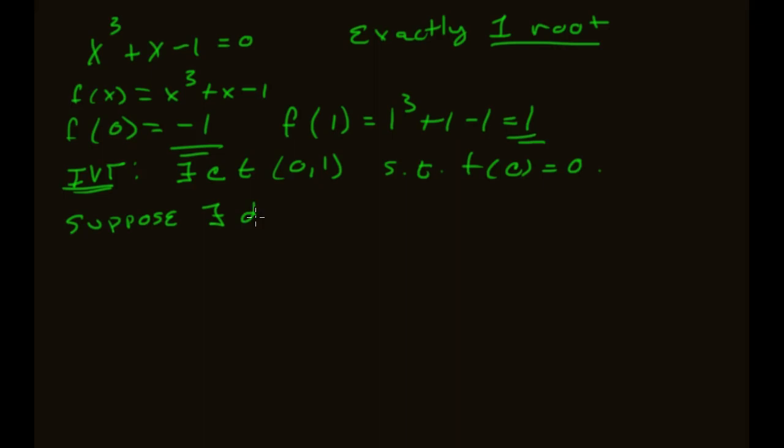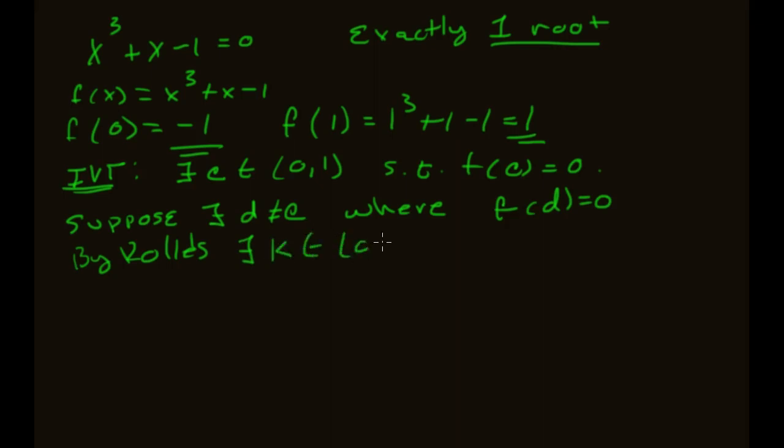Suppose there is D not equal to C, where f of D is also equal to 0. So let's suppose there's another root. Okay, so this would mean that by Rolle's, there has to exist some k on the interval CD, or it could be DC if D is less than C, where the derivative at k is 0.